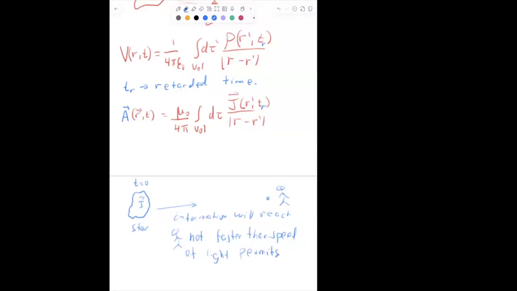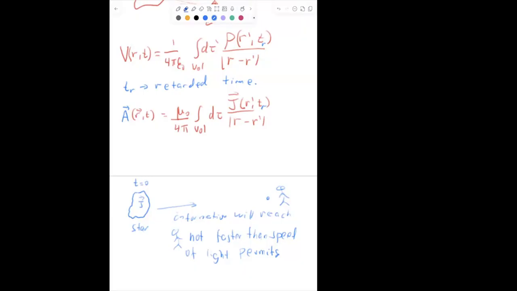And this means that what you care about at some time t is not what happens in the system at time t, but what happens in the past. This is a very intuitive thing. For example, if you look in the sky and you want to look at the Big Bang, what you need to look at is very distant galaxies and stars, because they emitted light a long time ago and it took a long time to reach us.